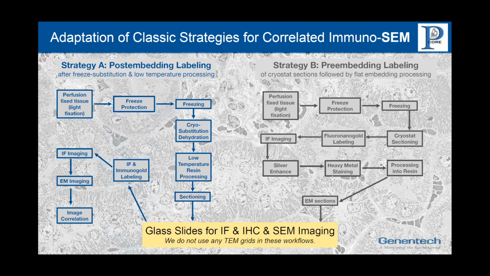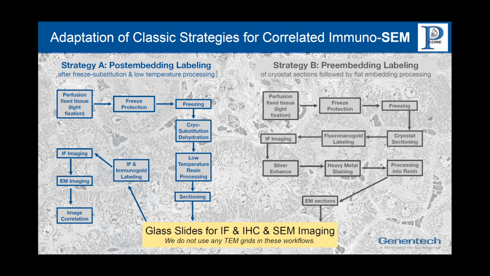Now, at Genentech, we have established two major strategies, and I do not want to go through all the little details here. What's important is that one strategy is known as post-embedding labeling, and the other is pre-embedding labeling. Both have their particular advantages and disadvantages.